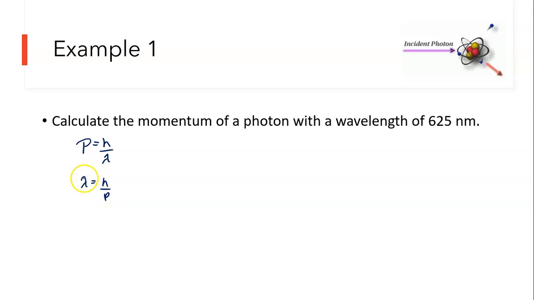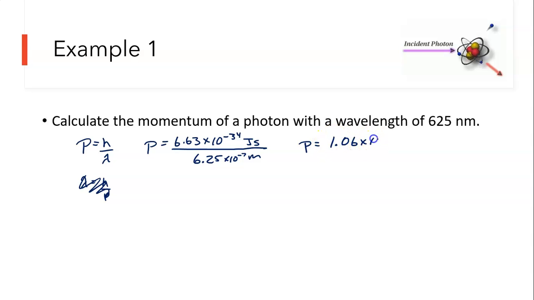Oh wait, we want just the momentum. 6.63 times 10 to the negative 34 joule seconds over 6.25 times 10 to the negative 7 meters. And that gets you a momentum of 1.06 times 10 to the negative 27 joule seconds per meter.